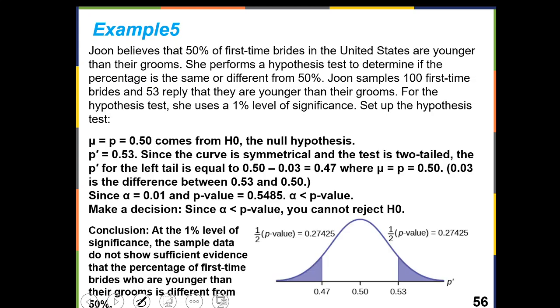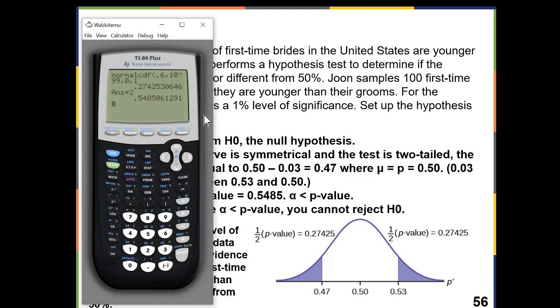There is a feature that can do it for you. So we're going to go to Stat, Tests, and we are going to do 1 proportion z-test. So we're going to pick that one.